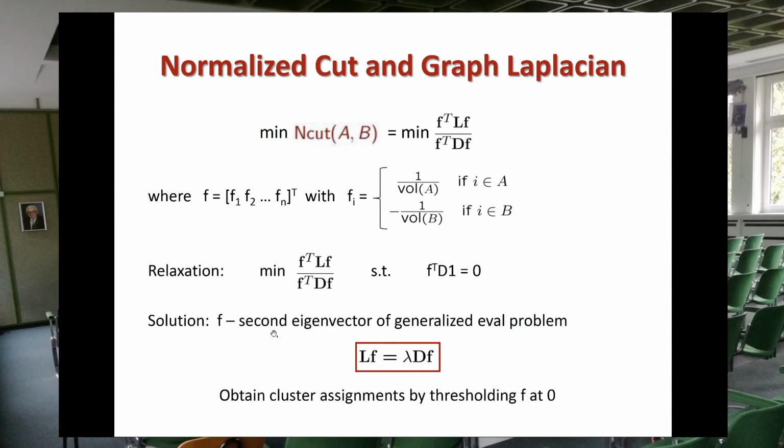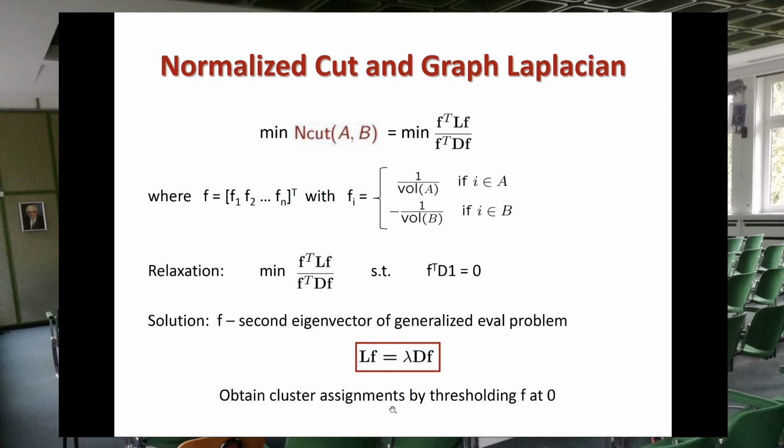This is true when we are talking about two clusters of points, like in this case set A and set B. You can also apply this for more than two clusters, and what you need to do is take not only the second eigenvector but also the third, the fourth, depending on how many clusters you have.